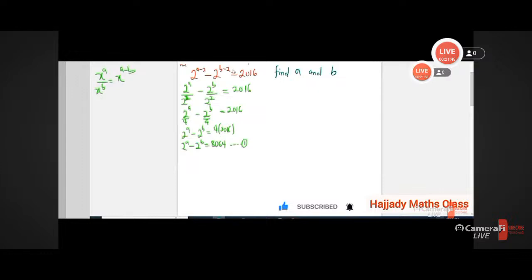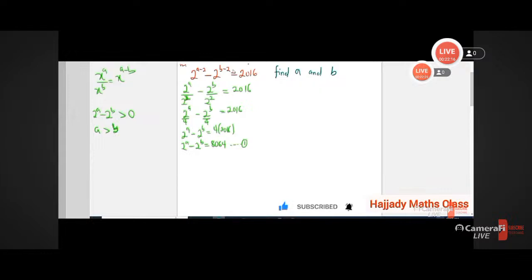Since we have 2 raised to power a minus 2 raised to power b, one thing we are very sure of is that its value is surely greater than 0. We are very certain of that, so it tells us that our a will be greater than our b.